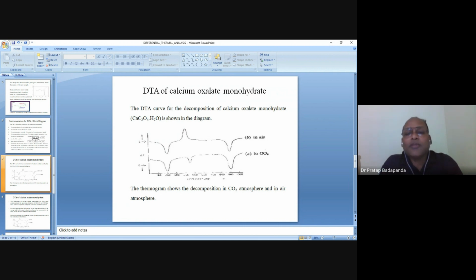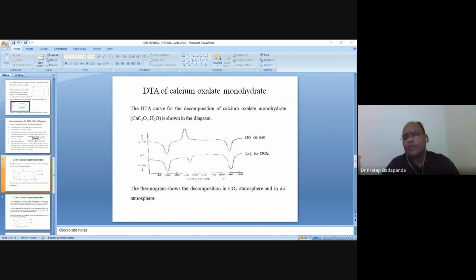The DTA curve of the decomposition of calcium oxalate monohydrate is shown in the diagram. In both graphs, the lower one is A and the upper one is B. In A, we are doing the experiment in the presence of carbon dioxide. See what the behavior of this graph is.